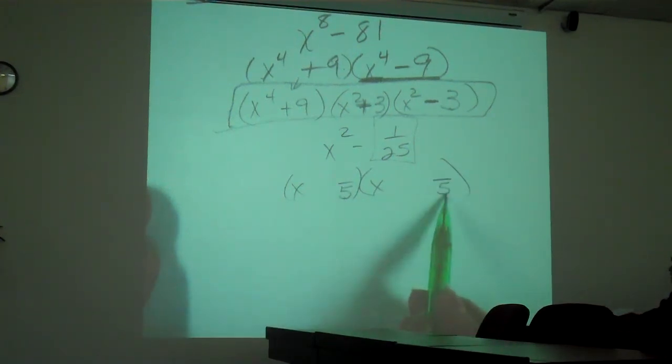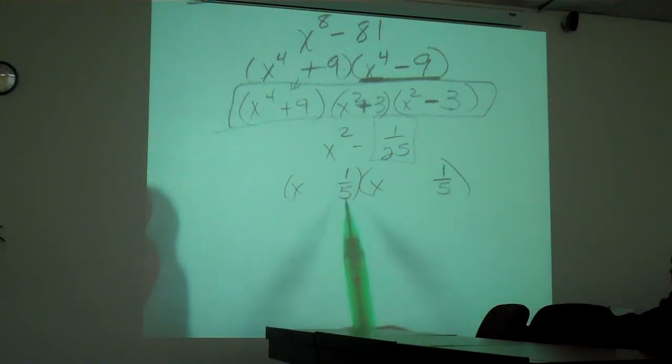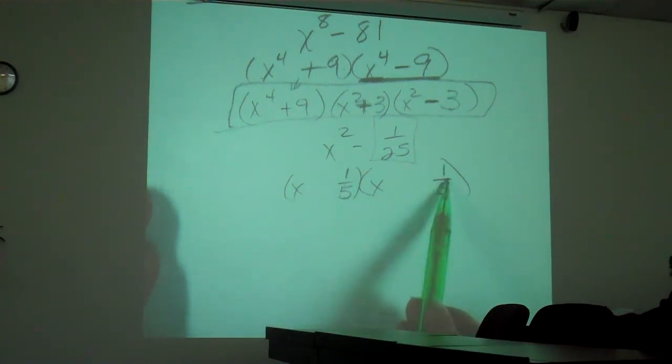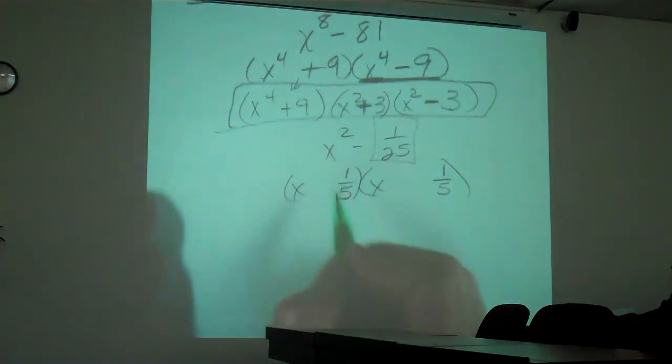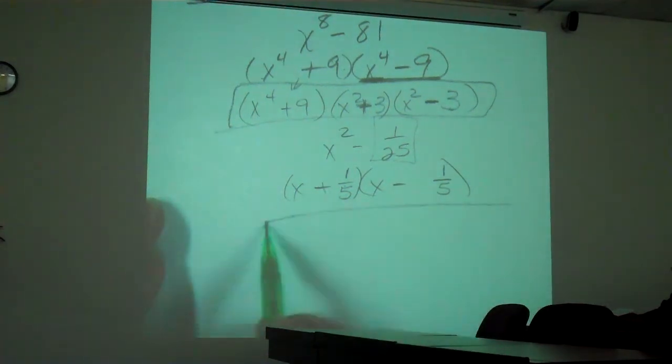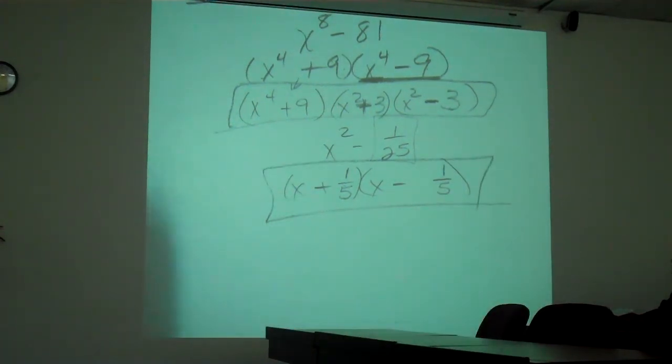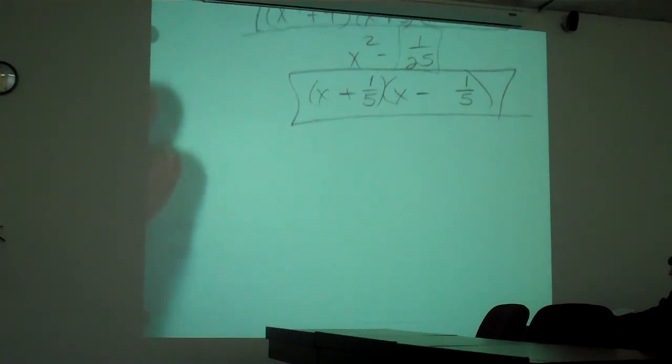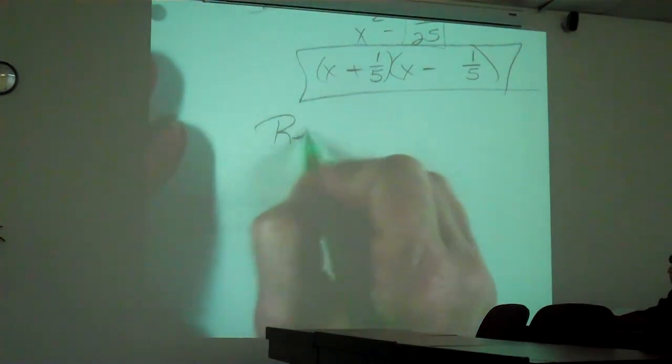That's a perfect square, and 1 times 1. So if you multiply 1/5 times 1/5, you're going to get 1/25. Oops, sorry. I hit a button. I hate when it does that. So a plus and minus, and that would be as far as you'd have to go. Okay, now we're going backwards again. Recognize the difference of squares.